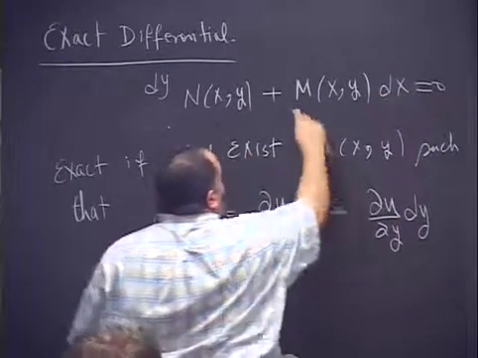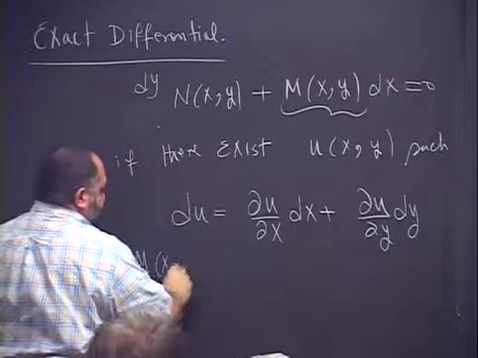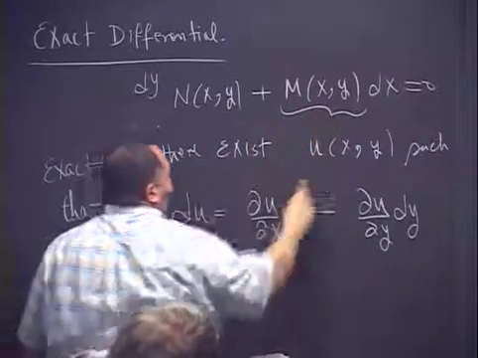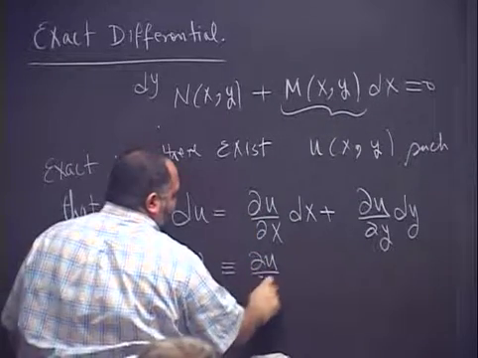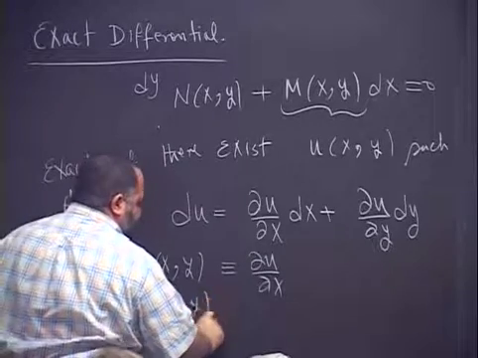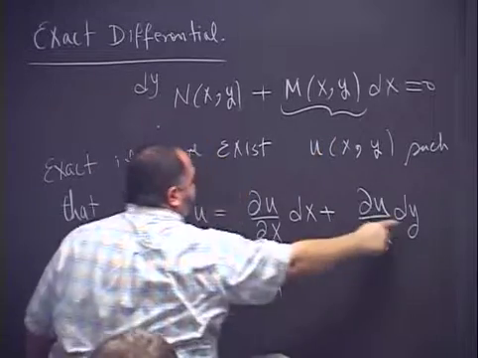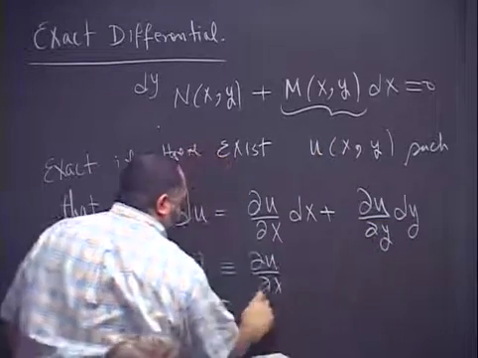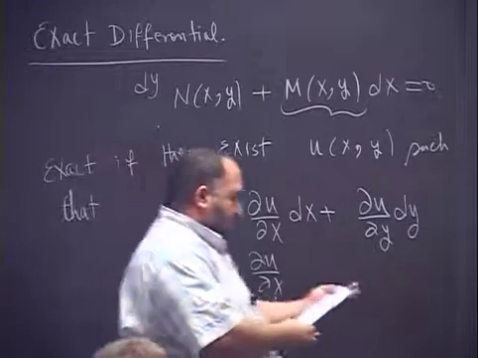So the correspondence now: M of x and y will be ∂u/∂x, and N of x and y, which is multiplied by dy, will be ∂u/∂y. Okay, guys?